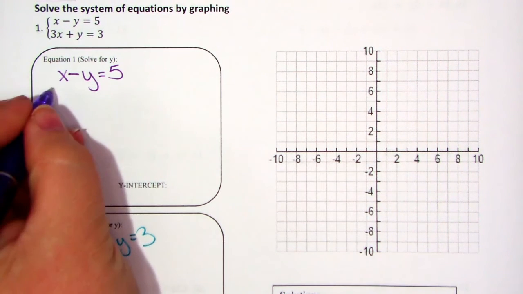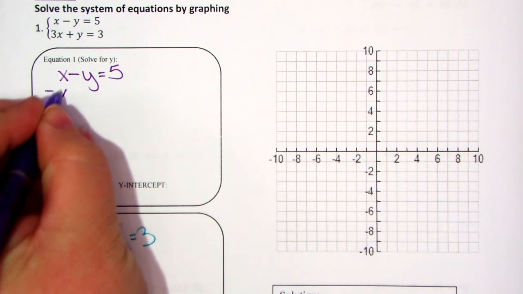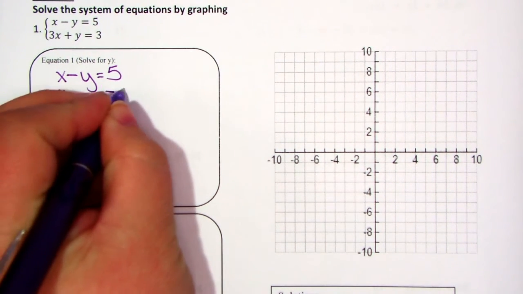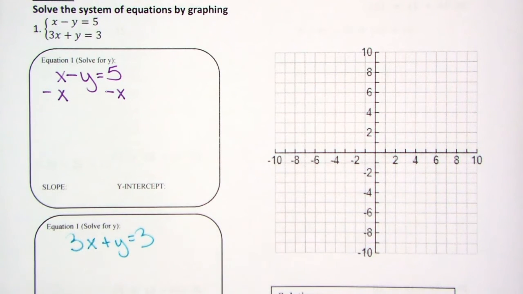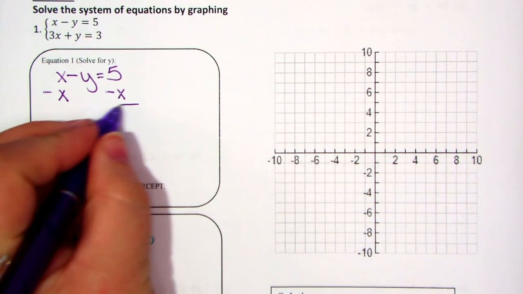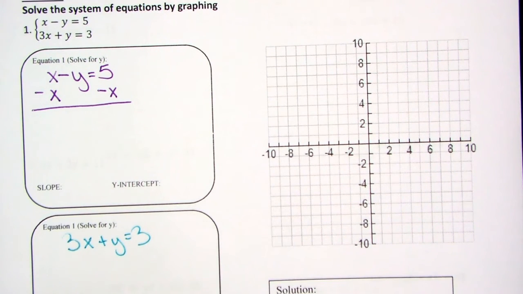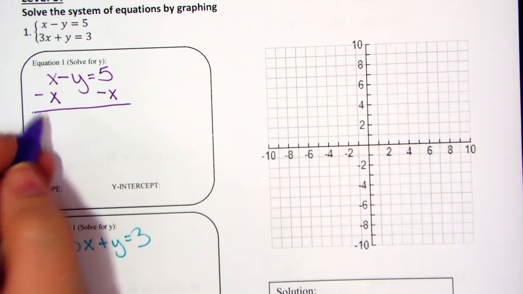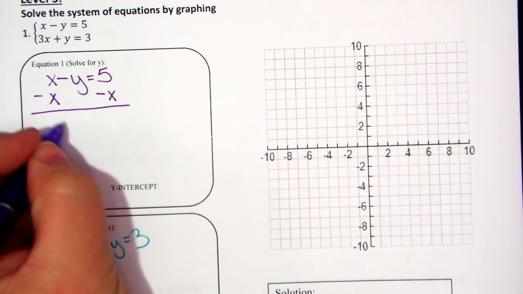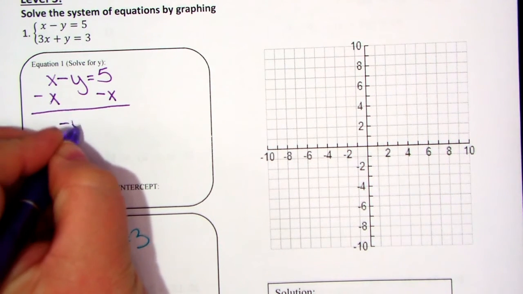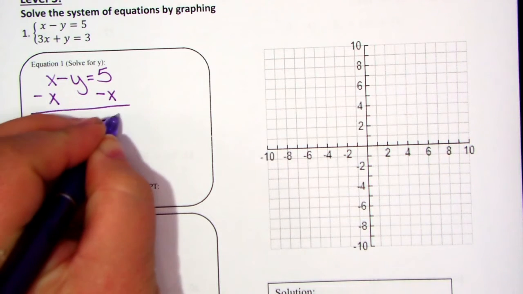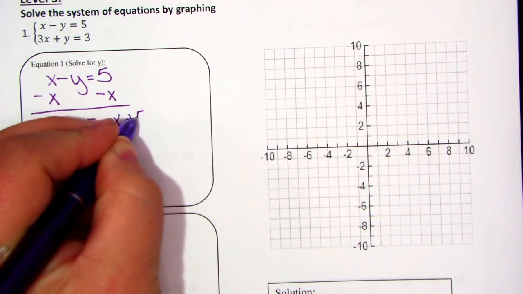So we are going to subtract x from both sides. So I have x minus x goes away, and I'm left with negative y equals negative x plus 5.